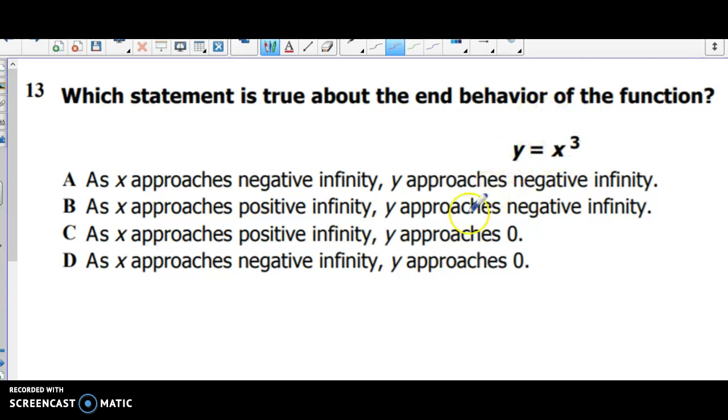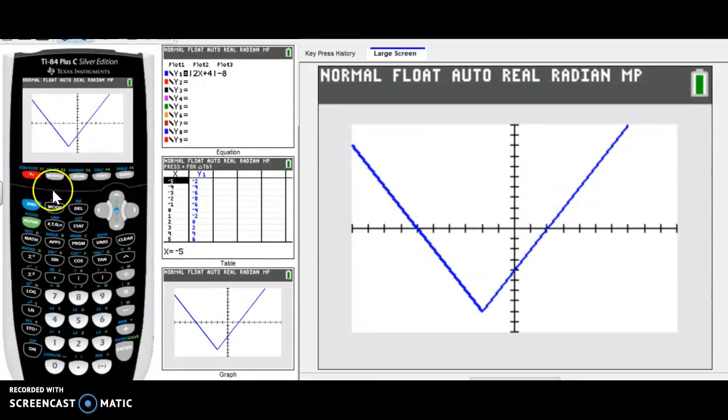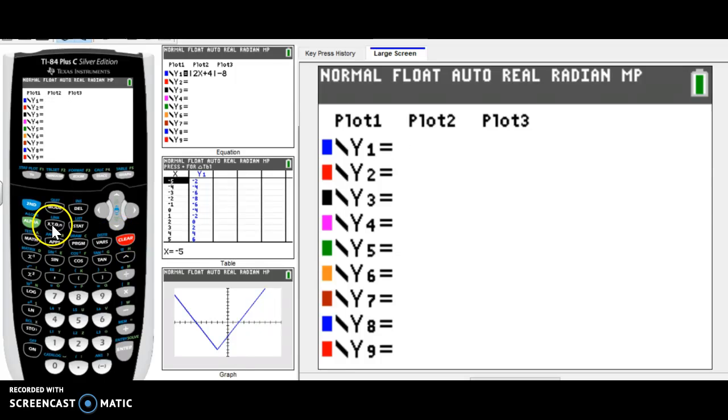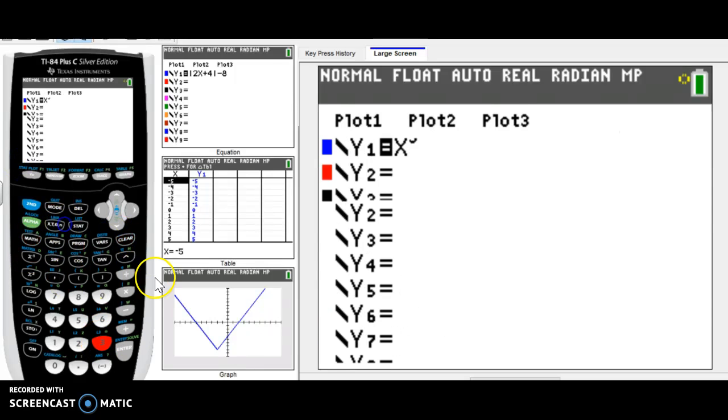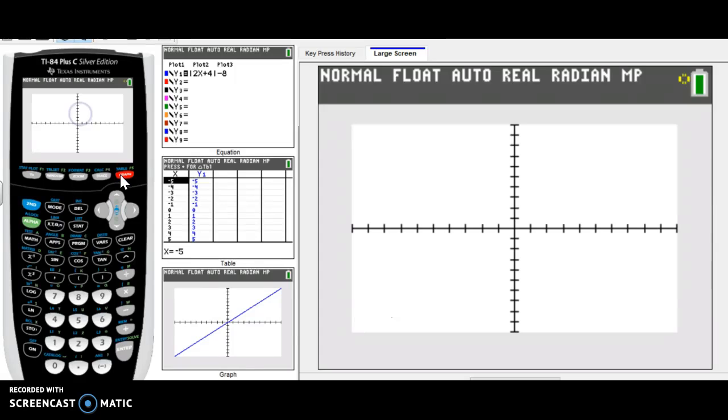Plug this into our graph, and we want to know the end behavior. So let's look at y is equal to x cubed and graph it. All right, so as x approaches negative infinity, y is going to approach negative infinity.